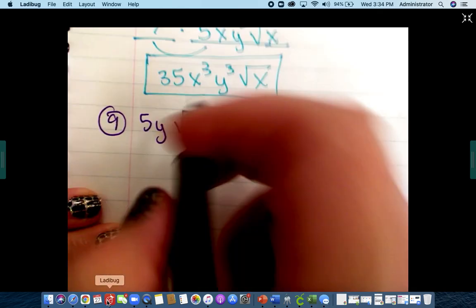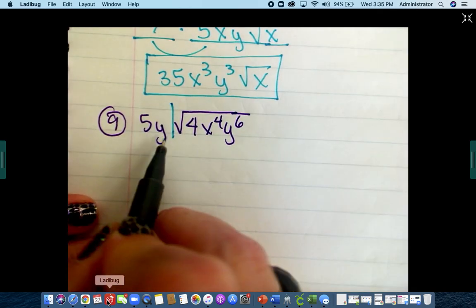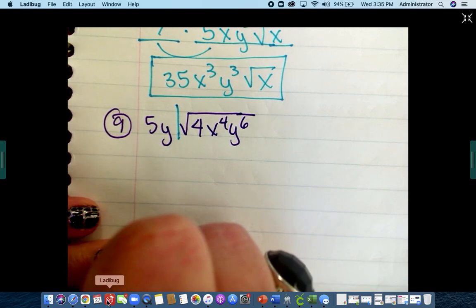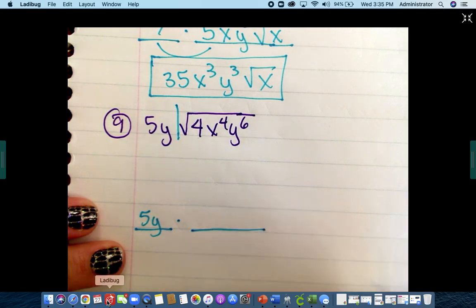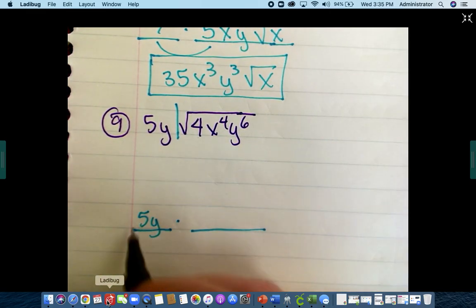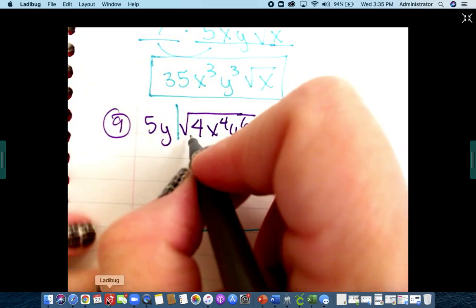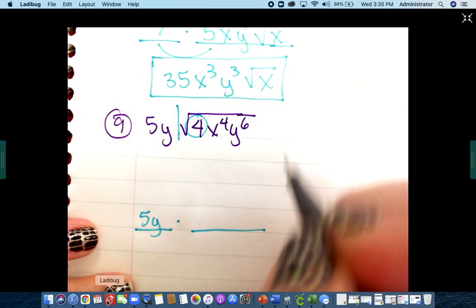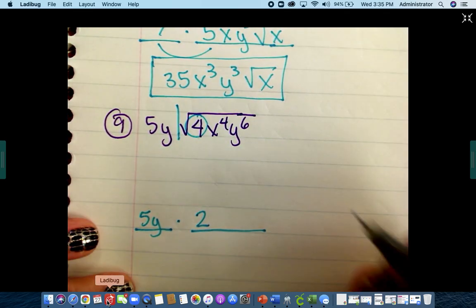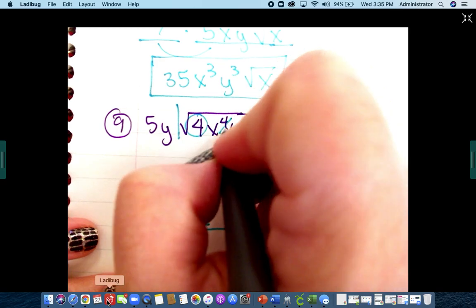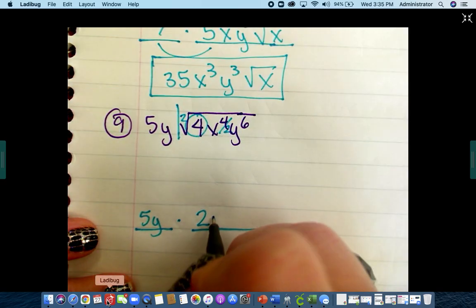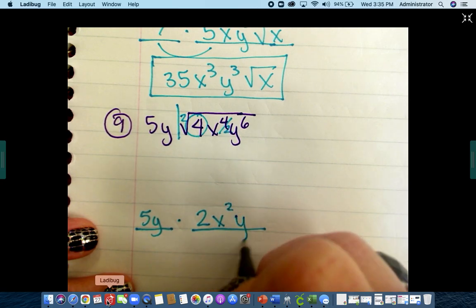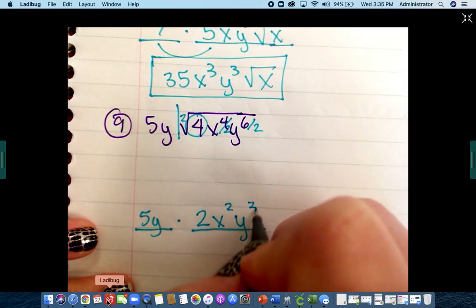Again, I need to look at the part out here separate, so that's 5y times this part here. So I'm putting blanks so I don't forget the 5y, and then I have to multiply. If I simplify this, the square root of 4 is 2. Remember, with even exponents, those are the easiest, because all you do is divide by that index. So that means I would form 2 pair of x's and 3 pair of y's.